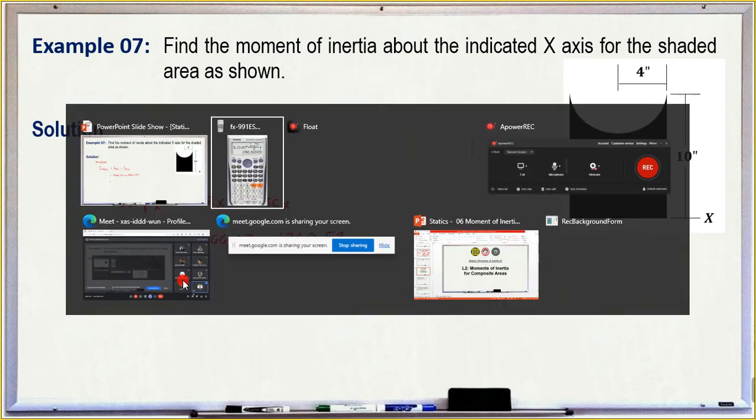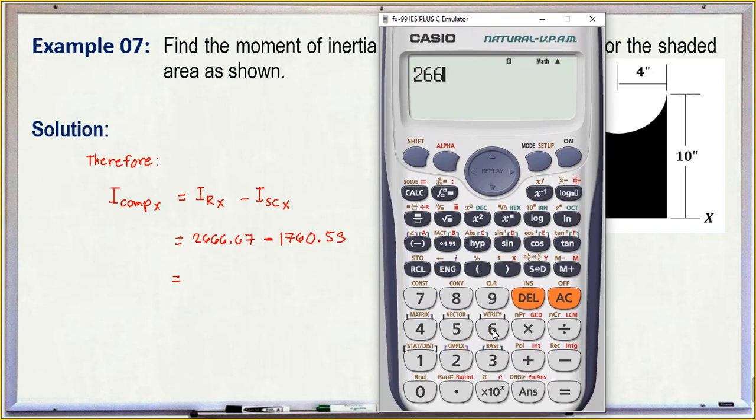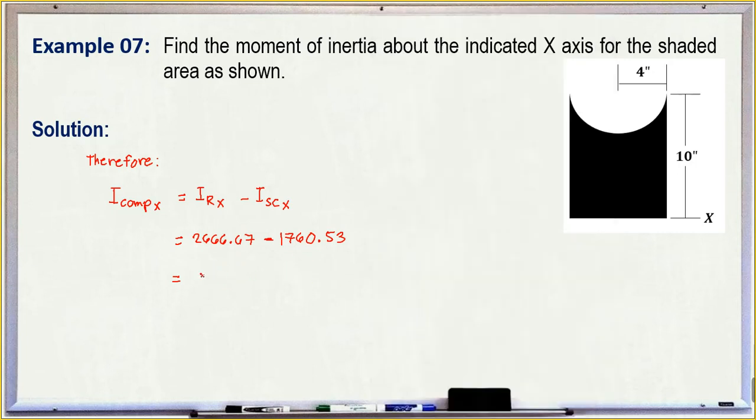So if ato na siya i-subtract, 266.67 minus 1760.53, our final answer is approximately 906.14.